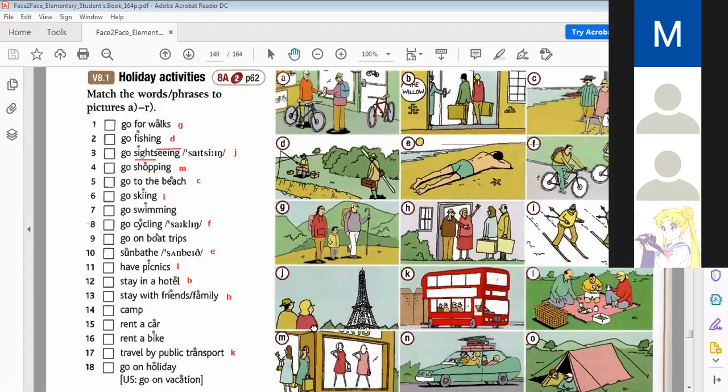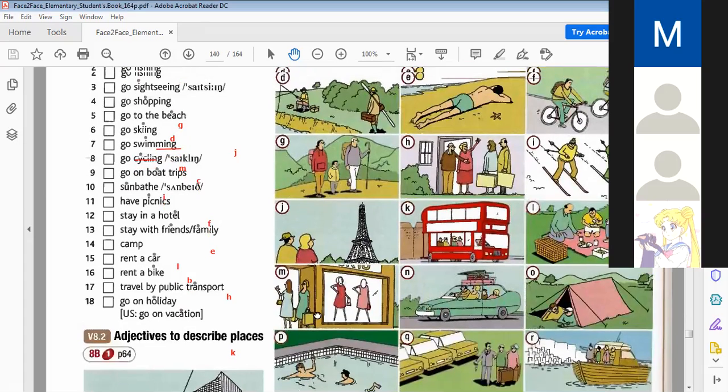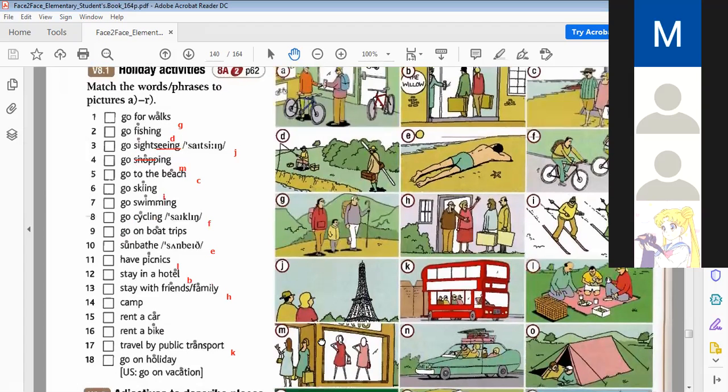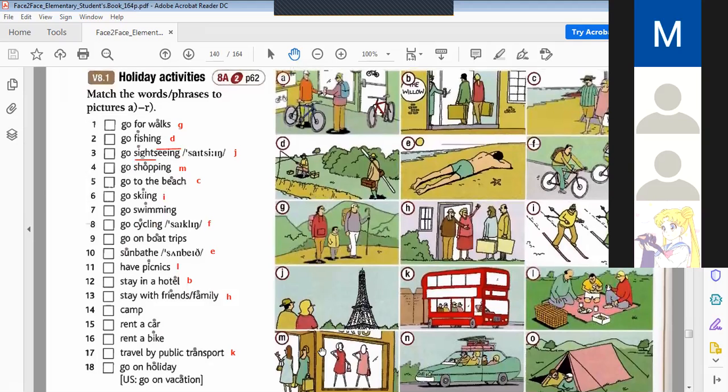We still have 3 other photos below. Okay, let's finish these and then continue. Yes, Q is rent a car. Yeah, that's right. Okay, so what's N then? Go on holiday. Maybe go on holiday. Yeah, I think that's correct. So N, go on holiday.